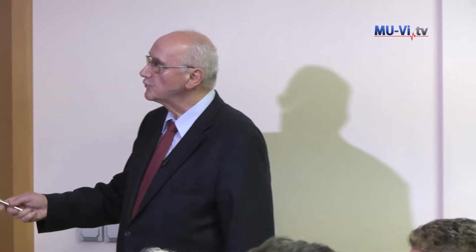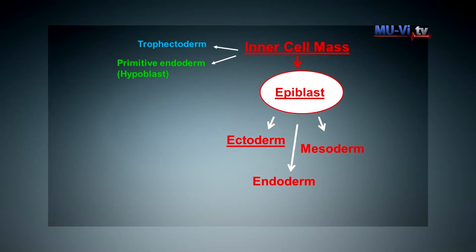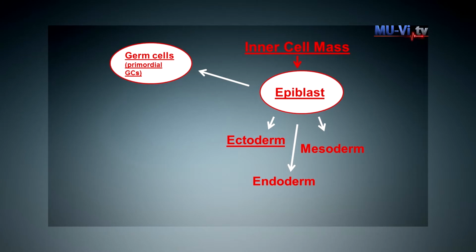I would like to show some graphical presentation which concerns the epiblast. The epiblast originates from the inner cell mass, and the first cell types which it builds are the trophectoderm and the primitive endoderm, or the hypoblast.